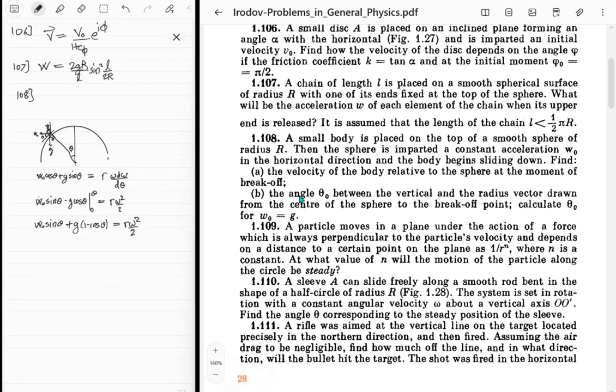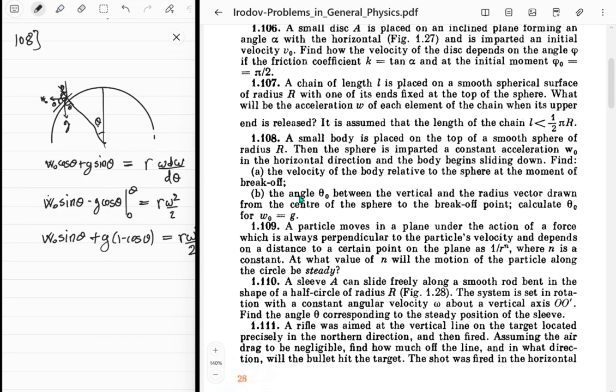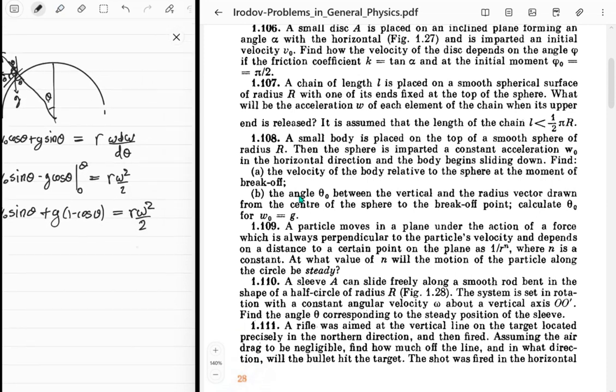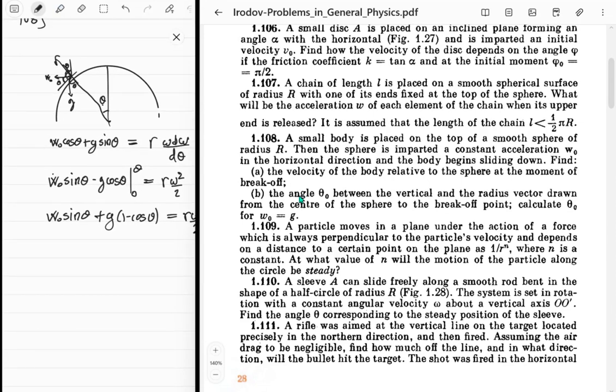Now, this is good and all, but what about the radial acceleration? There's a normal force. You can think about it as centrifugal acceleration. So r omega squared is the centrifugal acceleration, and it's 2 times all that stuff.